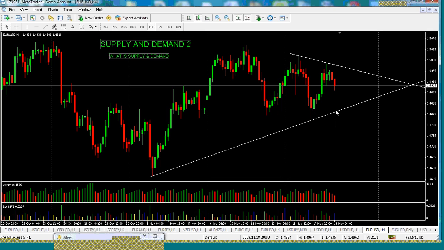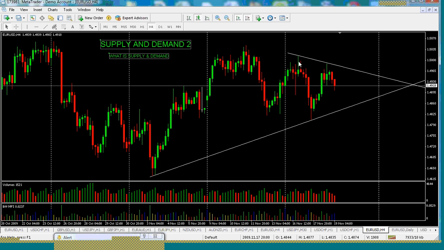So wherever price is in time, and wherever the demand line is located, that's the balancing point of the trend as far as people looking to buy this commodity, or demand.